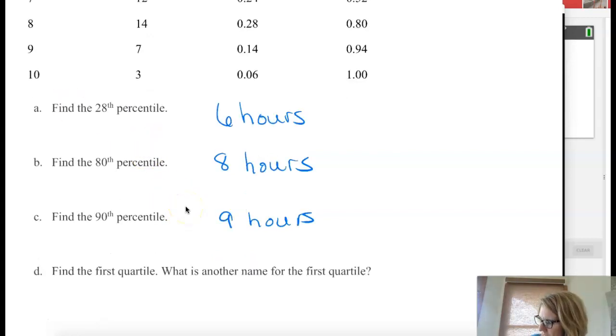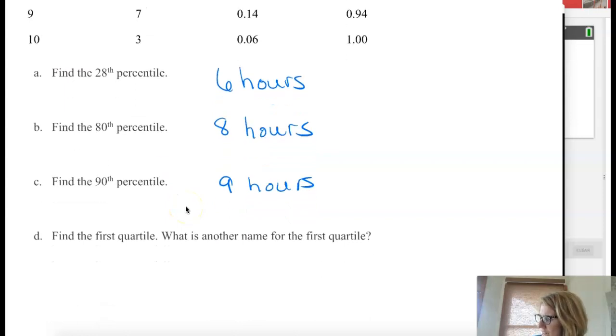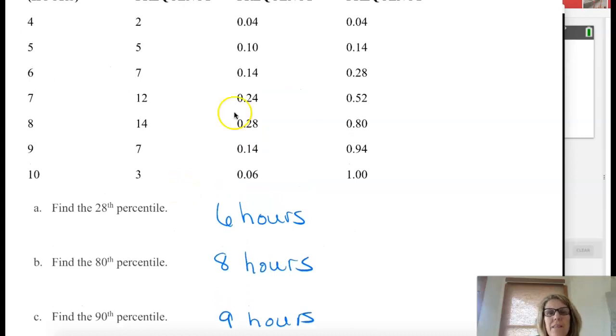All right, what's the first quartile? Another name for the first quartile, remember, is the 25th percentile. If we look back up here at our chart, we know that 6 hours, there were 7 students that had 6 hours of sleep. That was the 28th percentile.